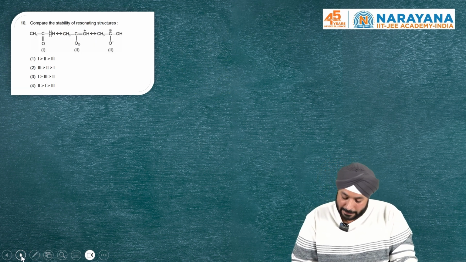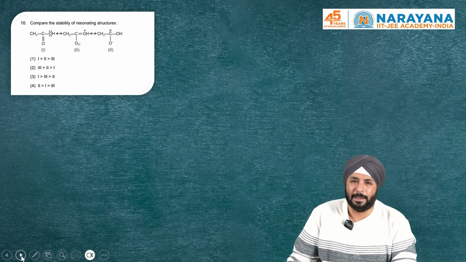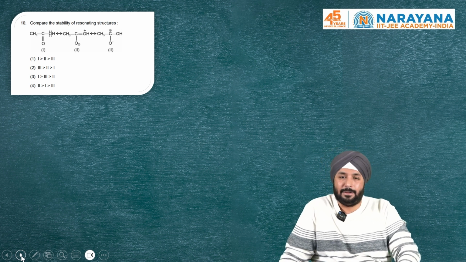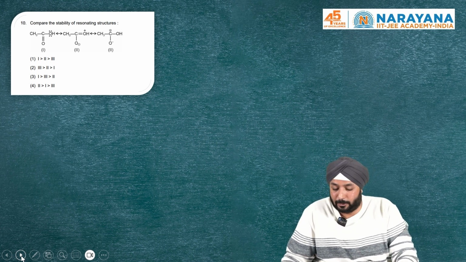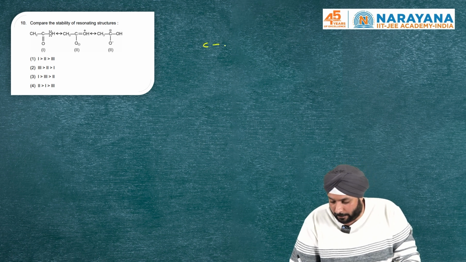Okay, compare the stability of resonating structures. Now, in order to compare the stability of resonating structures, first look for the canonical structure which is neutral and has more number of pi bonds. The more the number of bonds, the more stable, right? Here you have this molecule.